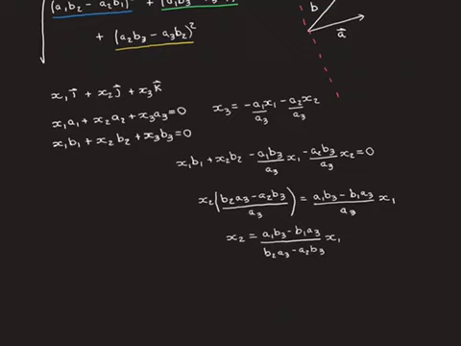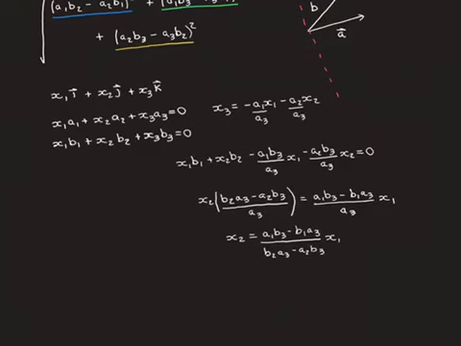So, simplifying this, we collect the terms with x2 in, which is this term and this term. So we've got x2 times, and then we want to get them over the same denominator, so we've multiplied this top and bottom by a3 to get b2a3, and then we've got minus a2b3 from here, and all of that over a3. Then we've taken the terms with x1 in onto the other side of the equation.